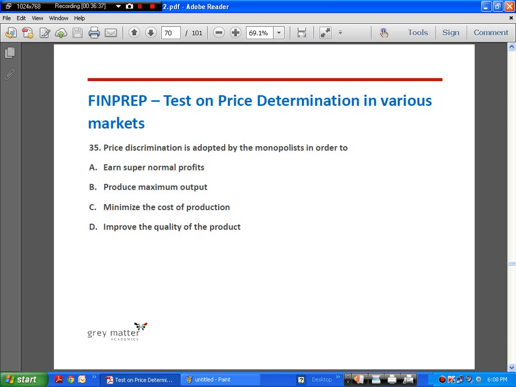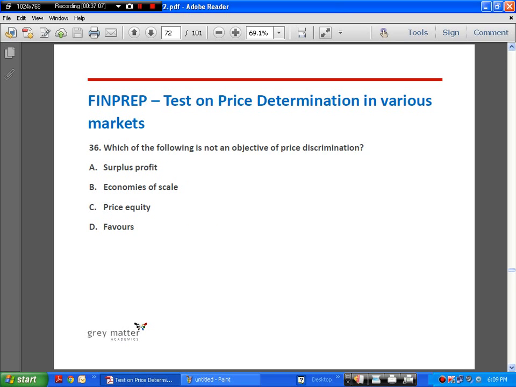Now, the main intention for a monopolist to follow price discrimination is that he wants to tap the consumer surplus fully for each market depending on its price elasticity. Or in other words, the firm is following price discrimination with the sole intention of earning supernormal profits. So the right answer is option A, earn supernormal profits.